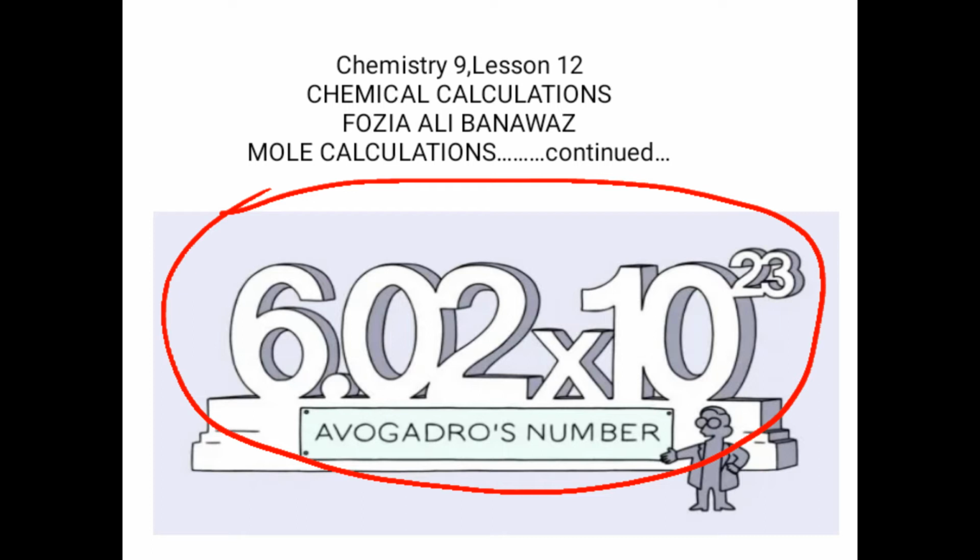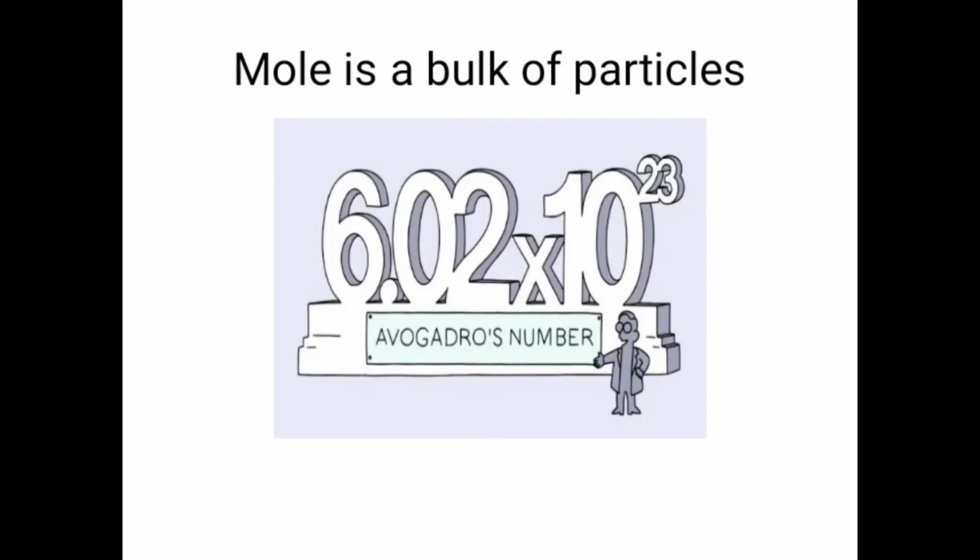This number is also called the Avogadro number, and this number of particles is present in 1 mole of any substance. Today we are going to use it many times.